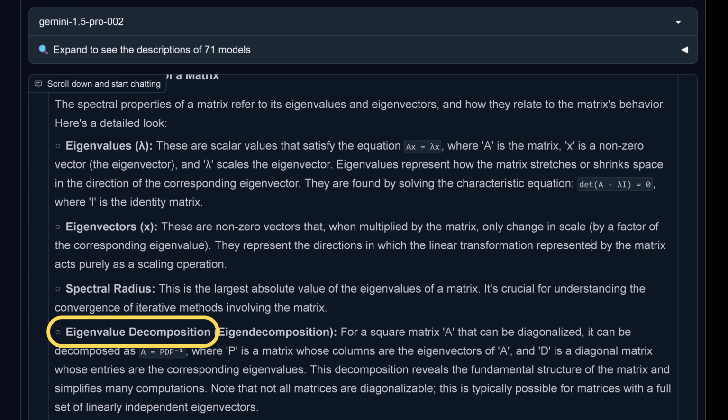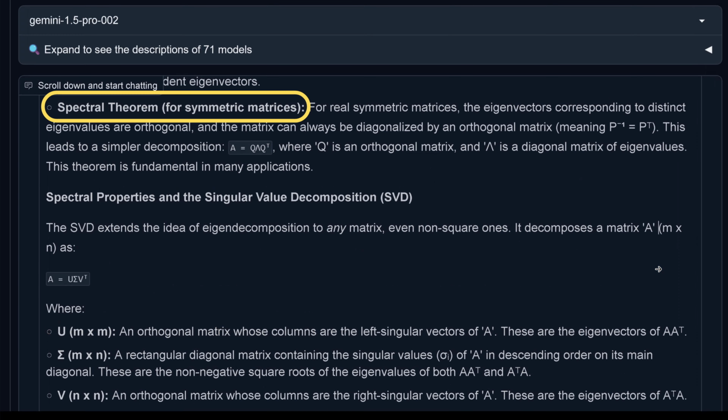If you know this, we can move to the eigenvalue decomposition or eigendecomposition. This means for a square matrix A that can be diagonalized, it can be decomposed in the following way, where P is a matrix whose columns are the eigenvectors of A. D is the diagonal matrix whose entities are the corresponding eigenvalues. With this eigendecomposition, we already have it.